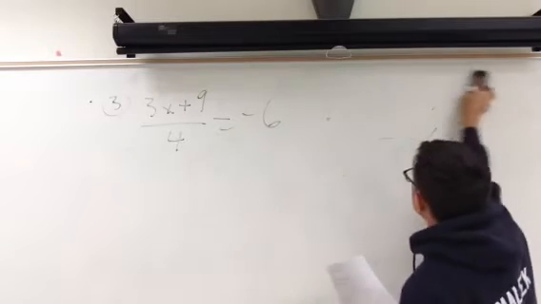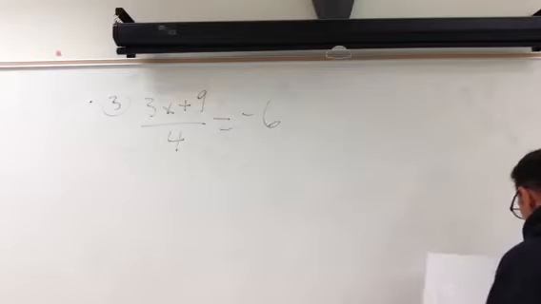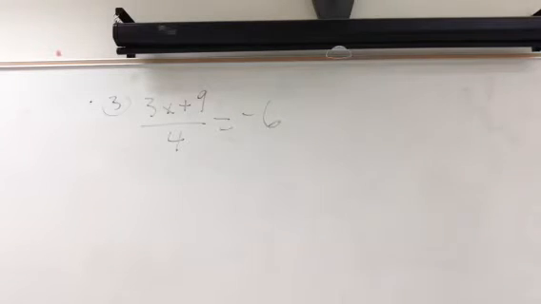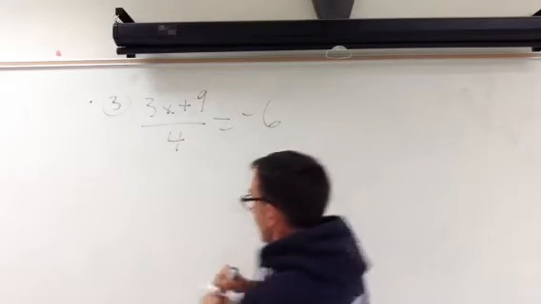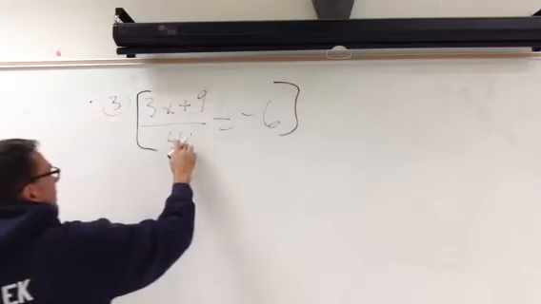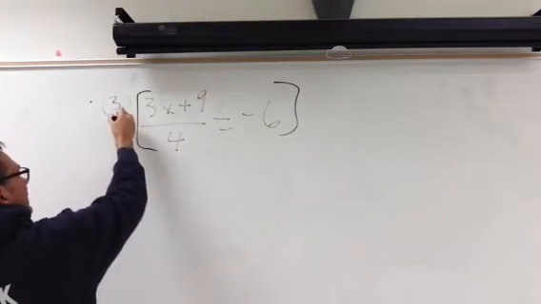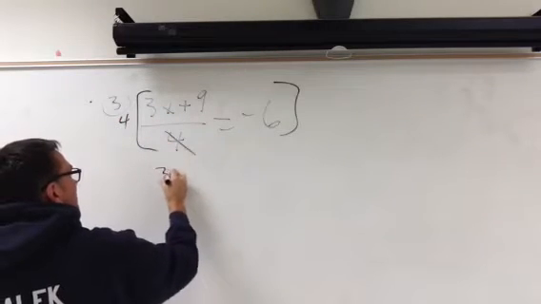The whole fraction. So this makes it a little bit easier to solve. This is actually easier than you think. Because the whole thing is being divided by 4, again, we could put a bracket around everything and multiply by that 4. These cancel out, and I'm just left with what's on top.